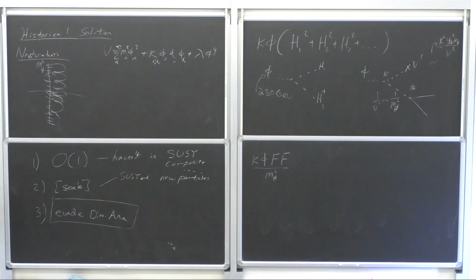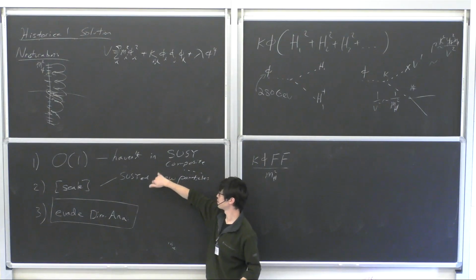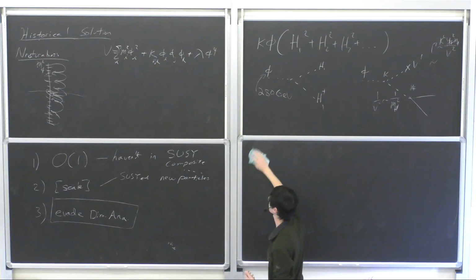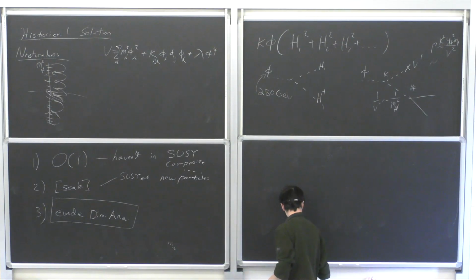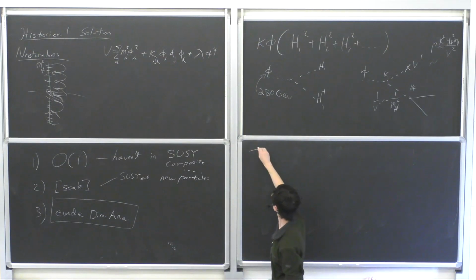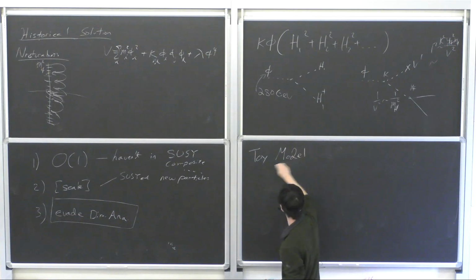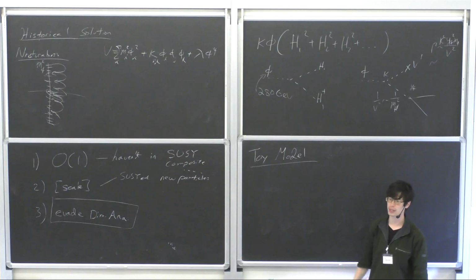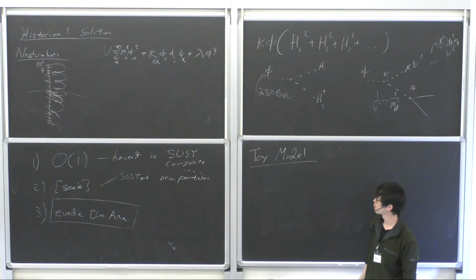So what I'm now going to do is give a bunch of toy models that illustrate these 2 points. So toy models that show that these do not have to be true. They can work in other directions. And so clearly, if you like any toy model, the way to go forward is then just apply it to the Higgs in some way, shape, or form.